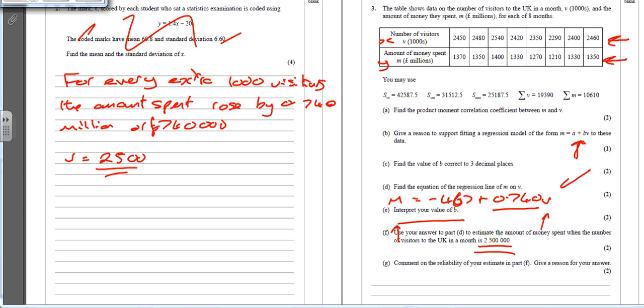So substituting into this, m equals minus 467 plus 0.740 times by 2,500.